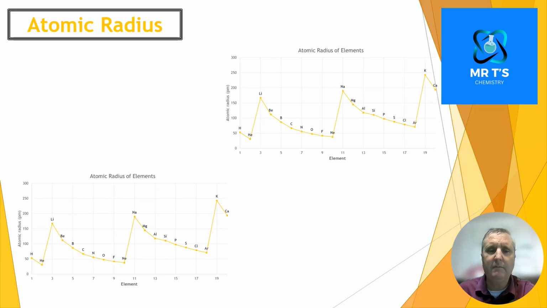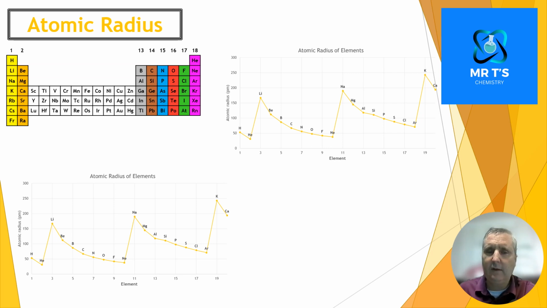Okay, so let's have a look at some plots of the atomic radius. On the right here is a graph, and the graph depicts the atomic number along the bottom against the radius of an atom. If we plot the atomic number against the radius, we get the following trend.